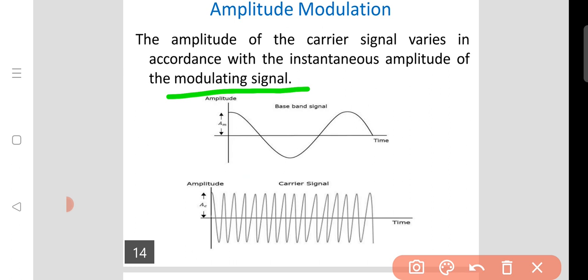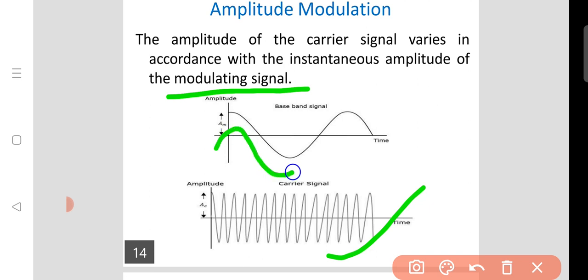So here modulating signal means message signal, and carrier signal means the high frequency signal which carries our actual information signal. Now observe the definition of amplitude modulation. The amplitude of the carrier signal varies with respect to instantaneous values.